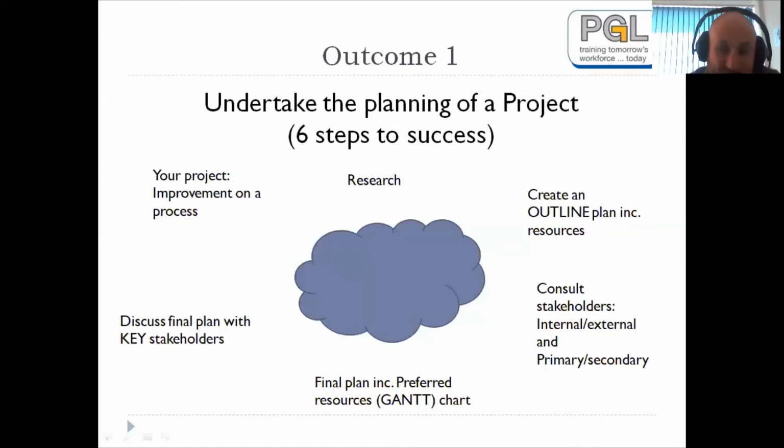The definition of a stakeholder is anyone who has an interest in a company and can either affect or be affected by the business. So that leads into the next bit. You'll see underneath it's got internal and external, and primary and secondary stakeholders.